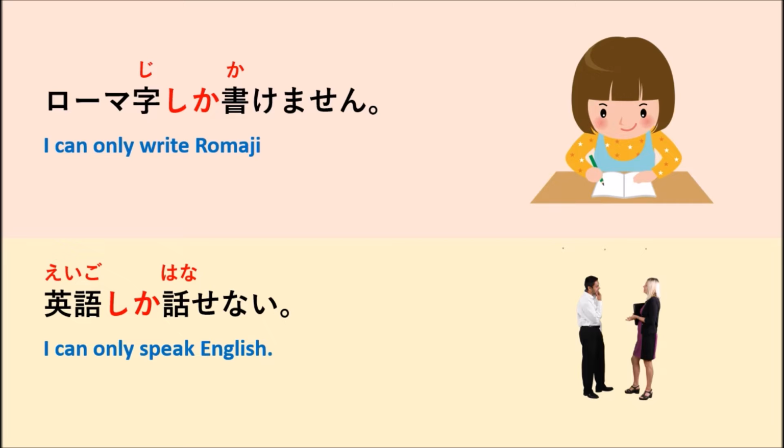And the second sentence also uses the negative verb, hanasenai. So every time you use shika, you should change the verb to the negative form. And it also has the meaning of only, as you see here.